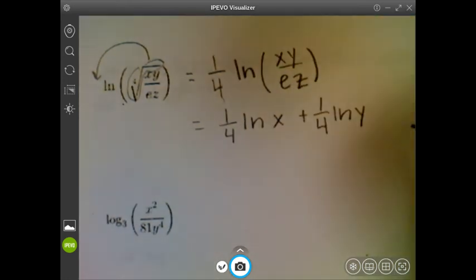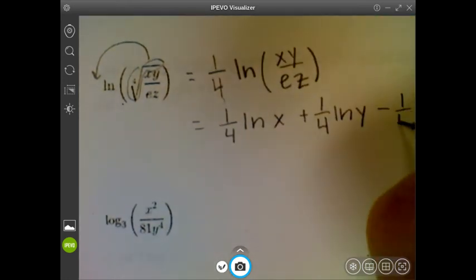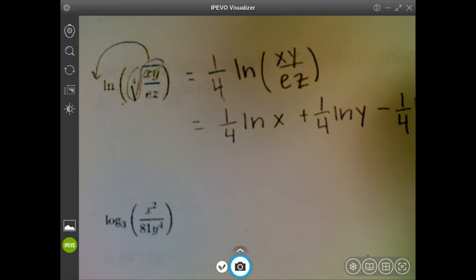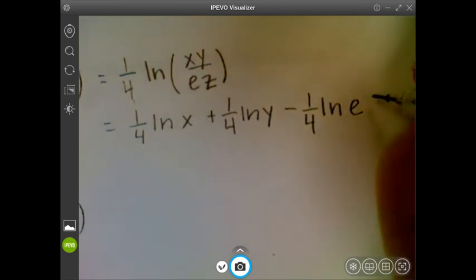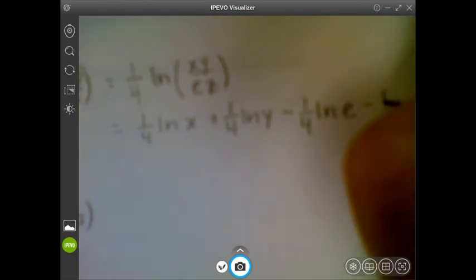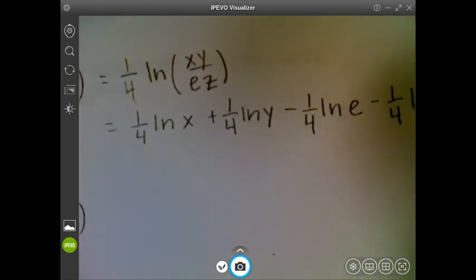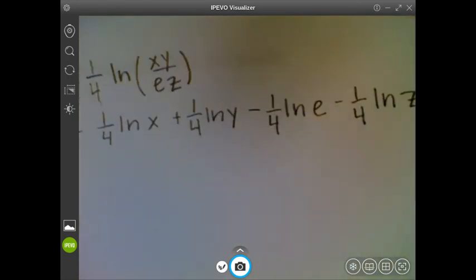Now we move to the denominator, so now this is going to change to a minus 1/4 ln of e. And then we'll have another minus because it's in the denominator, 1/4 ln of z.